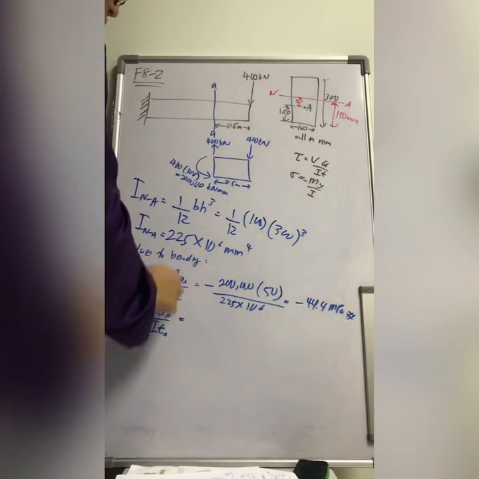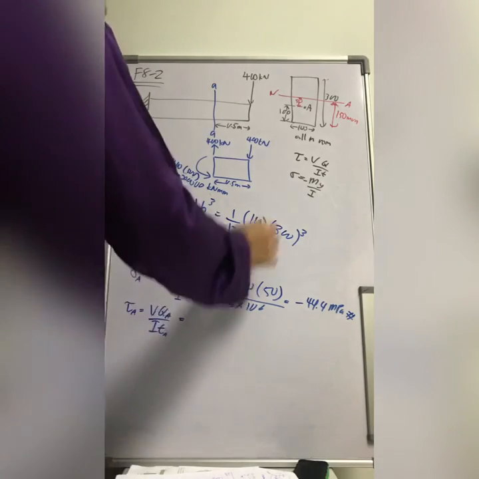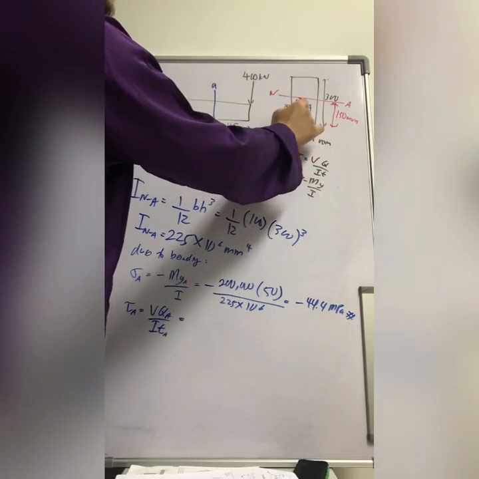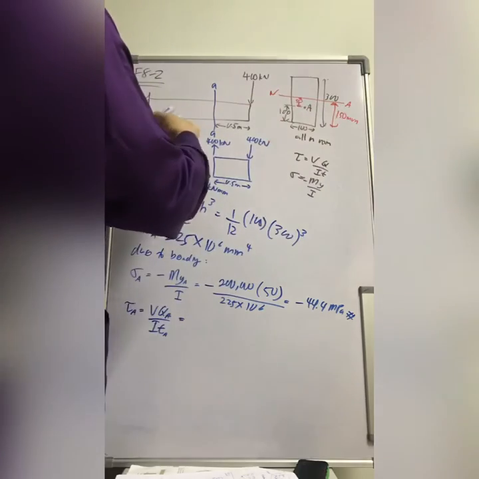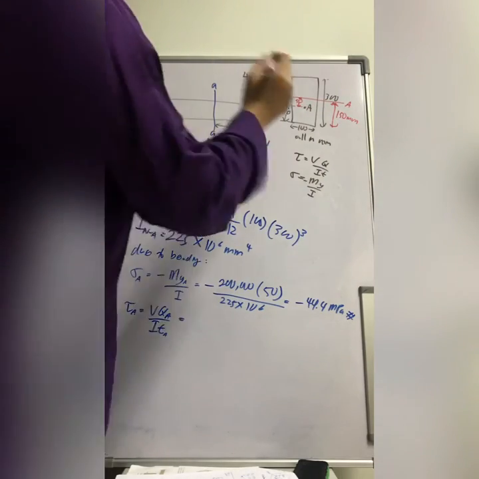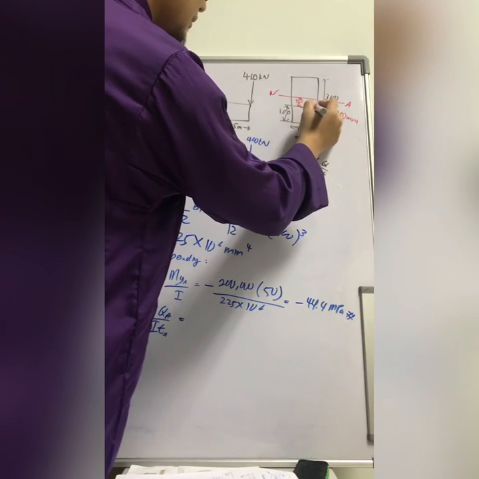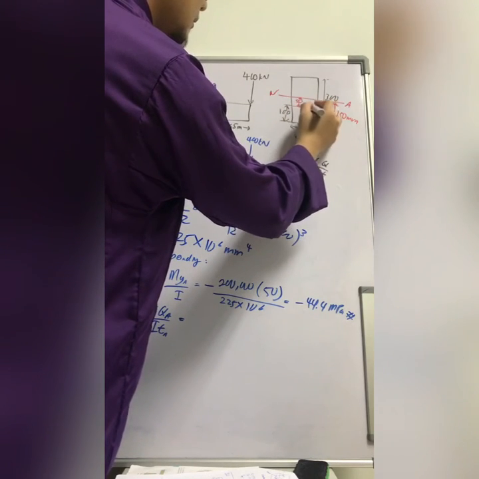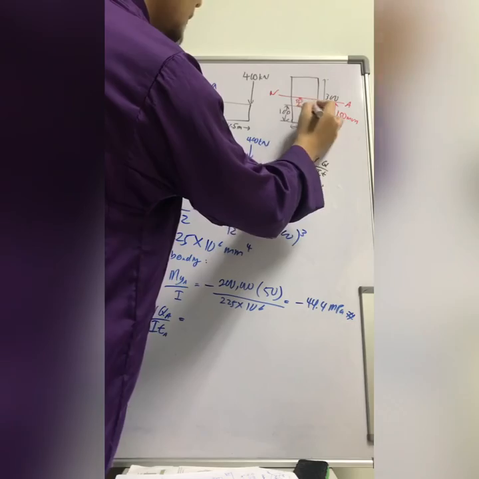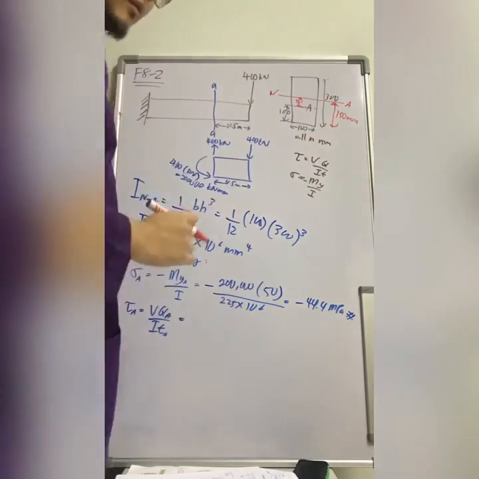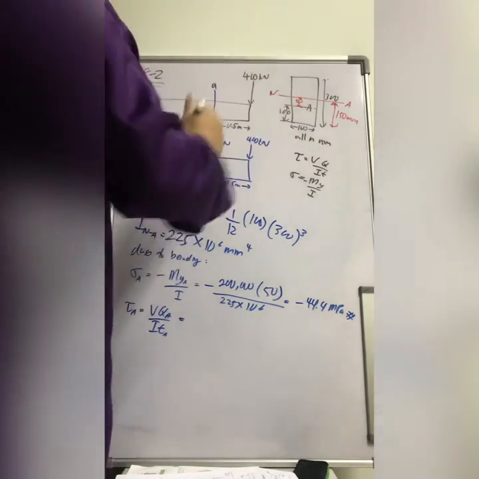I will be the same as here. You draw a line parallel to the neutral axis passing through point A, and you get this t, the same t, 100 millimeter.